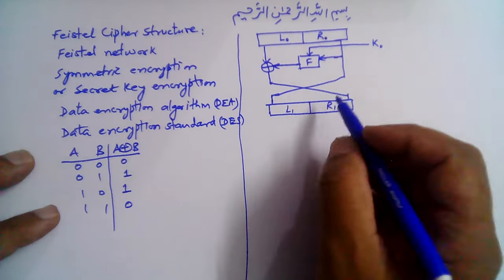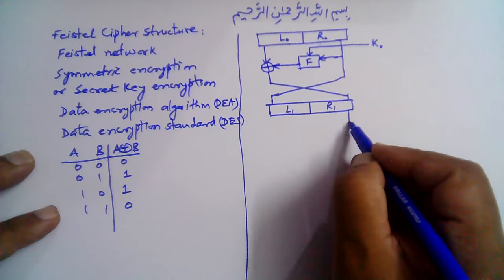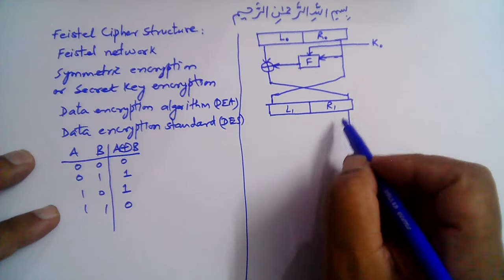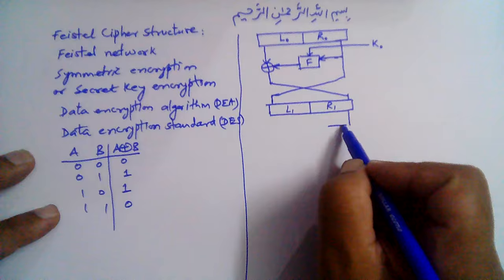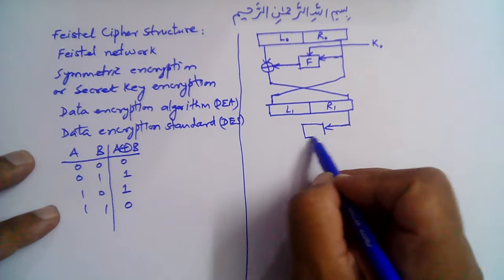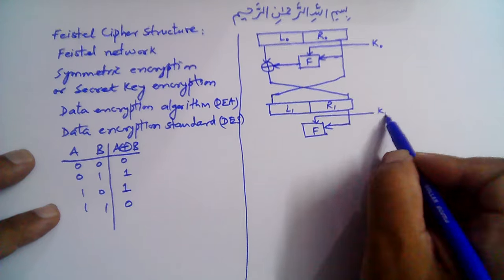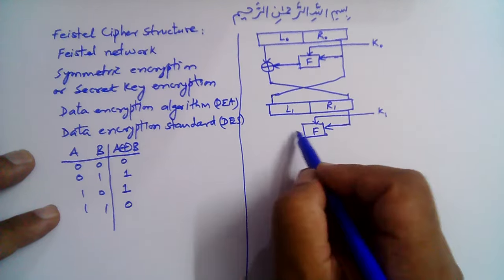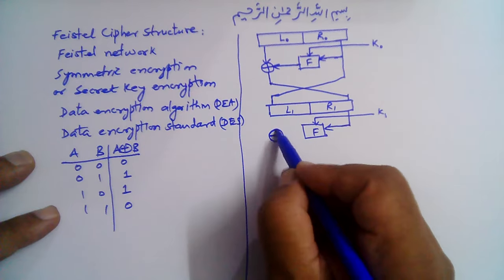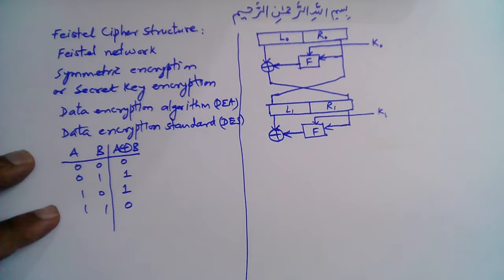Again the same kind of round happens. The right half is fed to the function f, and again we have a sub key, suppose k1, and the output of this function is XORed with the left half of the data, L1.